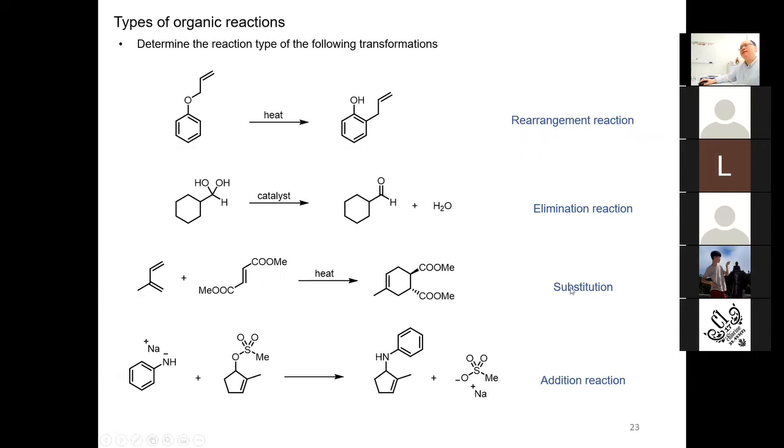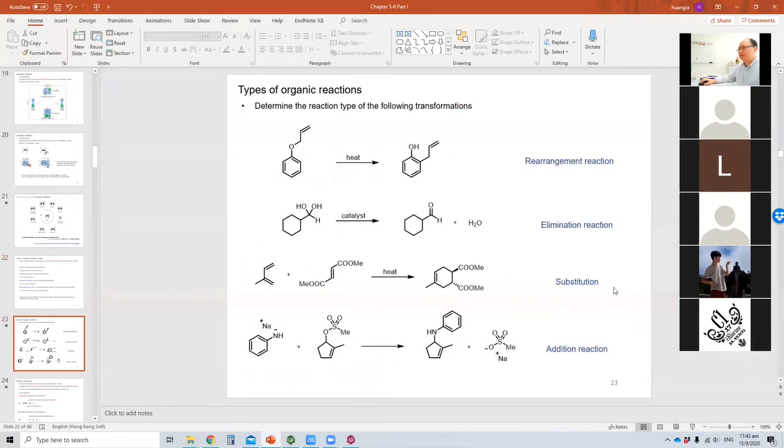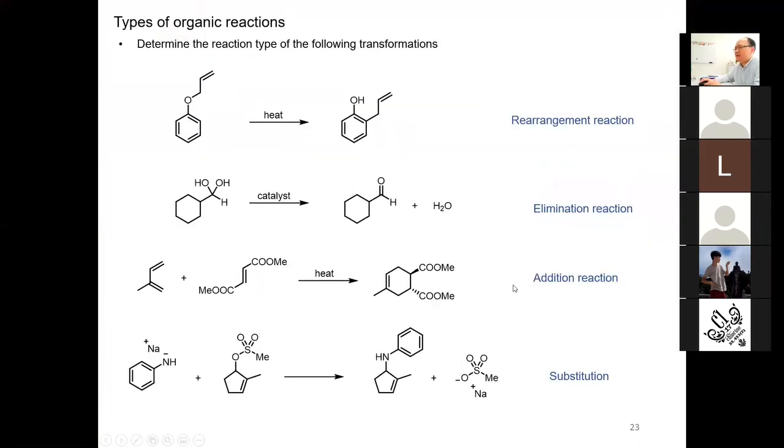I think I mixed these two. So this one should be an addition reaction, and this one should be a substitution reaction. That's right now. Two become one, you add them up: addition. This one exchanges parts with each other, which is a substitution reaction.